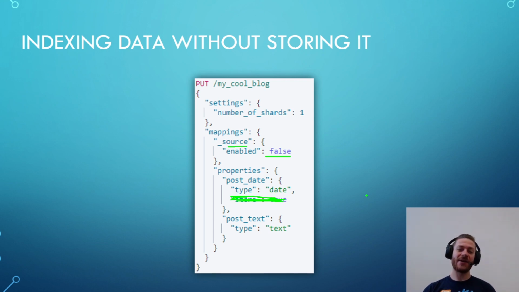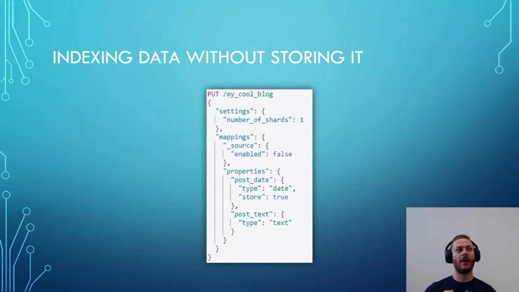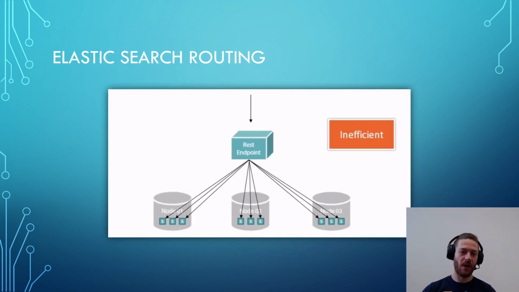What I'm saying here is that you don't need to store the data in Elasticsearch if you already have it. If you already store it in another database, you don't need to store it here because you're going to use more hard disk space, and you can save that.